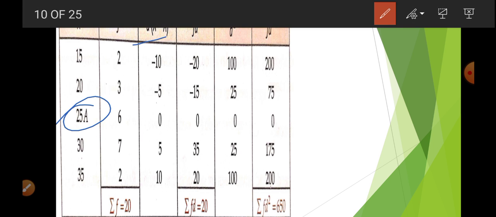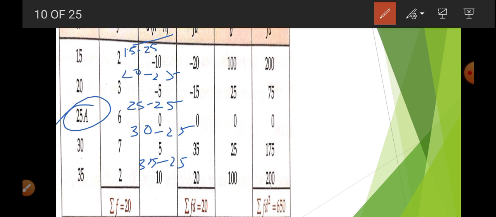Now we are going to calculate d, that is 15 minus 25, then 20 minus 25, then 25 minus 25, 0, then 30 minus 25, then 35 minus 25. So in this way we get the values of d.